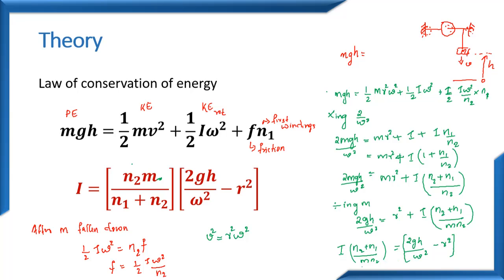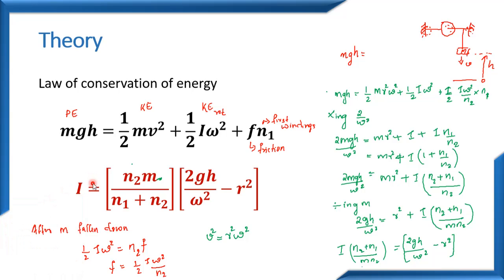So to get I, what can I do? Just bring the term N2 plus N1 divided by m N2 to the other side. When I bring it to the other side, the numerator will become the denominator and the denominator will become the numerator. These terms will switch. That is, I can write I is equal to N2 m.